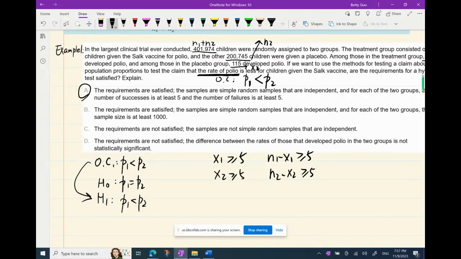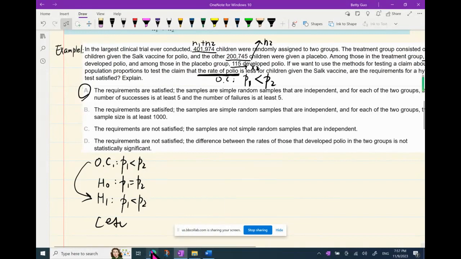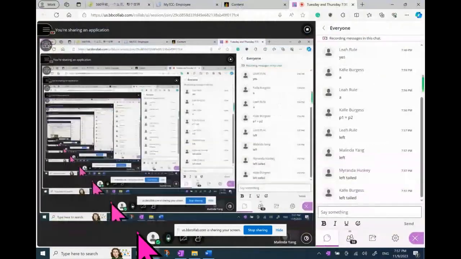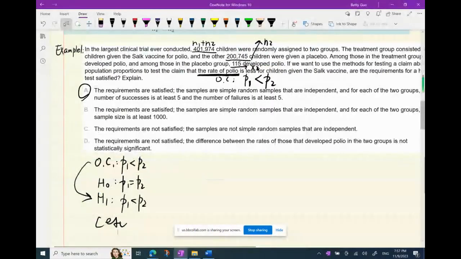Left tail, right tail, or two-tailed? I say the left tail. Awesome. This chapter isn't that difficult if you have a good foundation from chapter 8. A lot of things are basically the same. It's a left tail test.